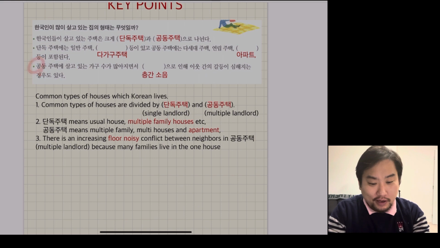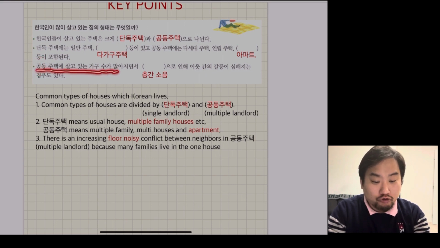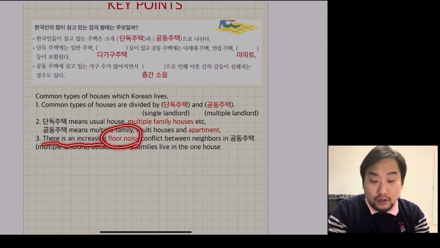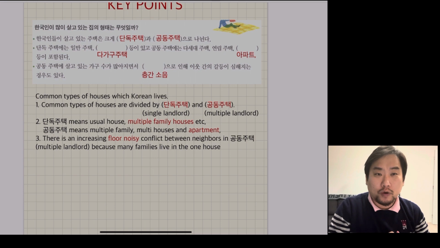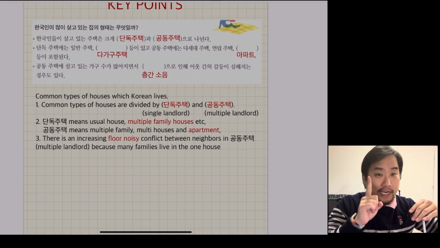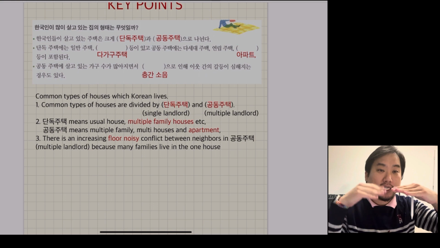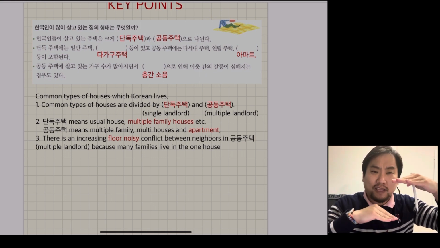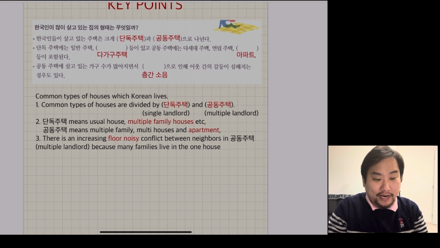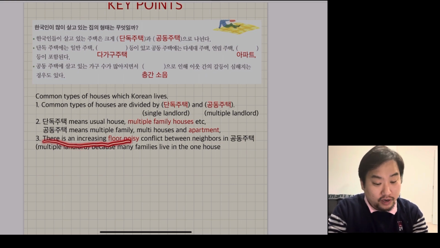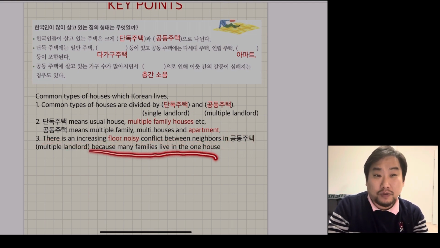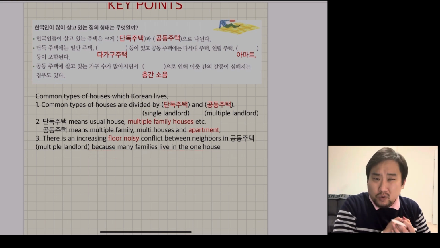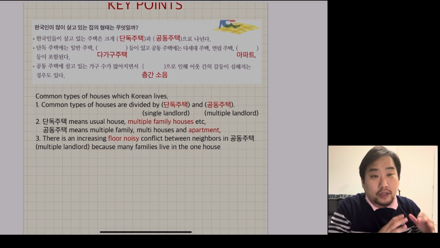And the third one, 공동주택에 살고 있는 가구 수가 많아지면서, there is increasing floor noise. It is 층간 소음. 층 is floor, like 1층, 2층, 3층, and 간 is between. So between floors there is a noise matter. There is increasing floor noise conflict between neighbors in 공동주택 because many families are living in one building. So 층간 소음 is also a serious matter now in Korean society.